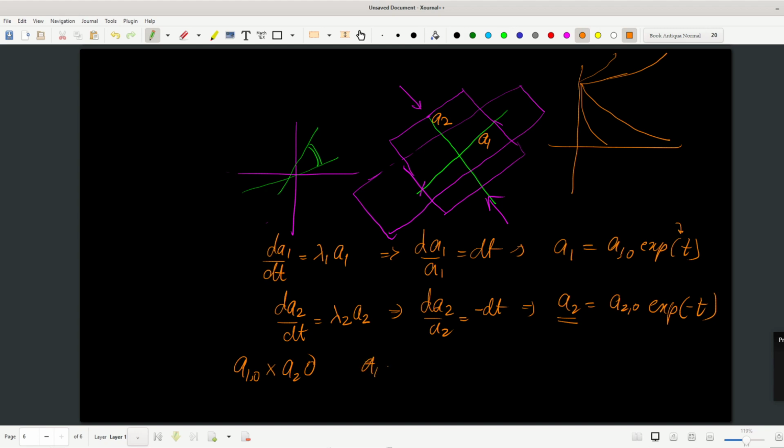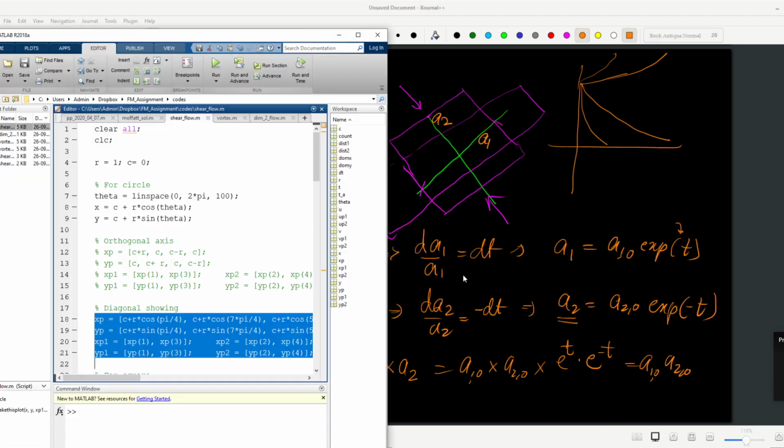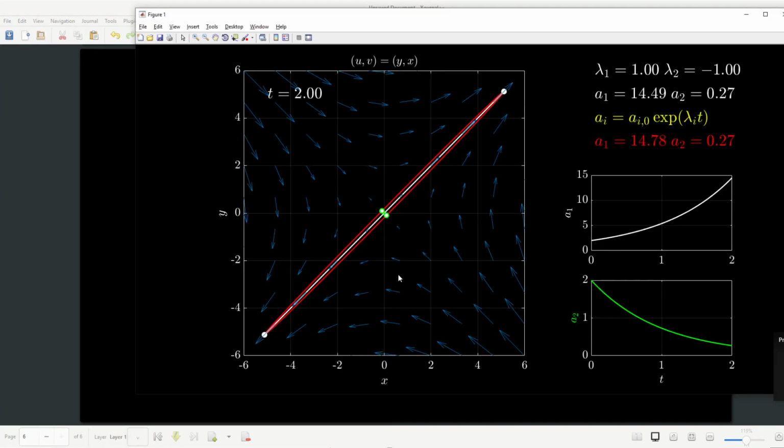So a1 into a2 at any other time is a1 0 times a2 0 times e raised to t times e raised to minus t, and this becomes a1 0 a2 0. Meaning whatever the initial area was, that area remains preserved. Is it okay? Whatever the initial area was, that area remains preserved.